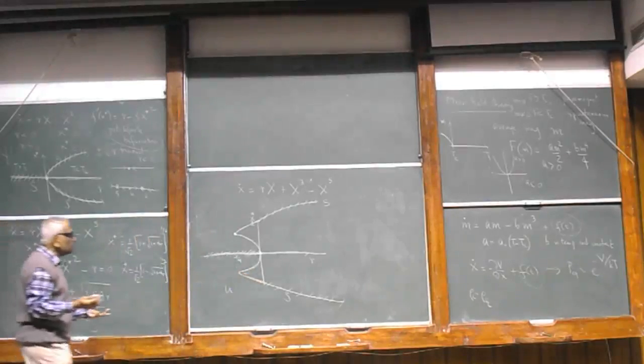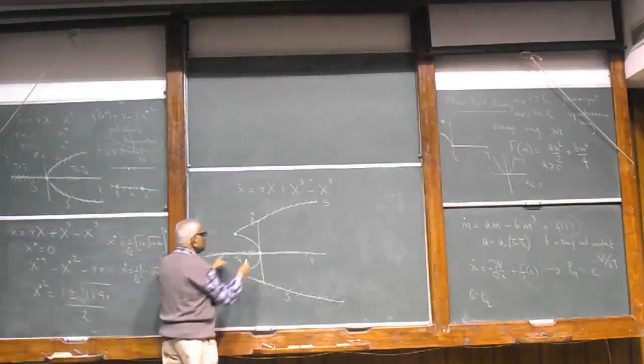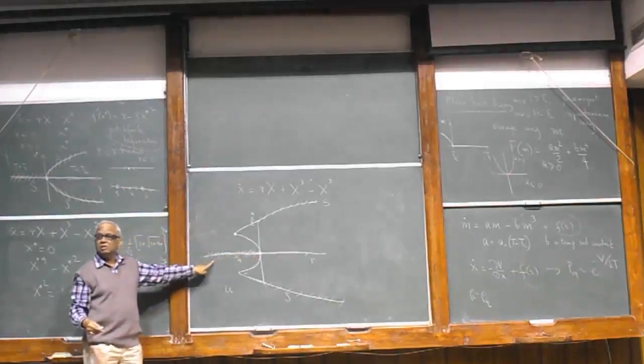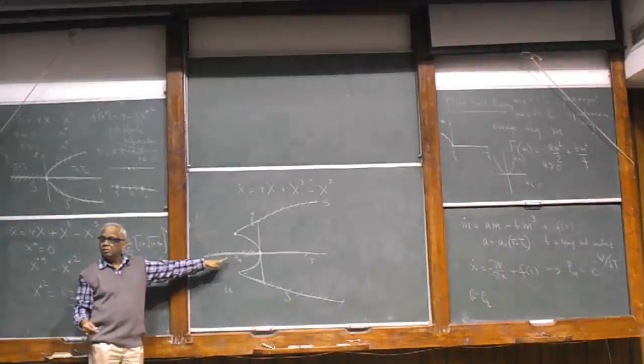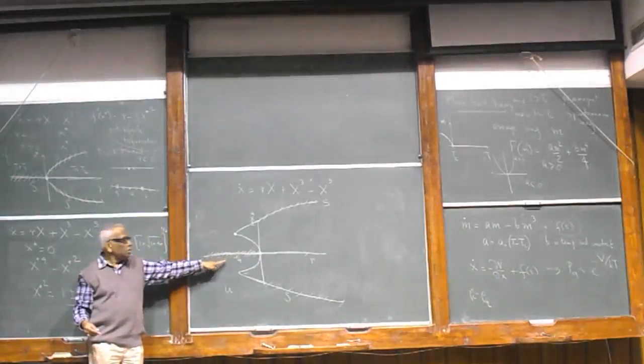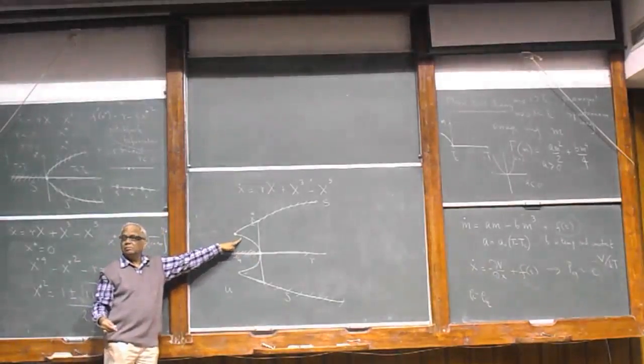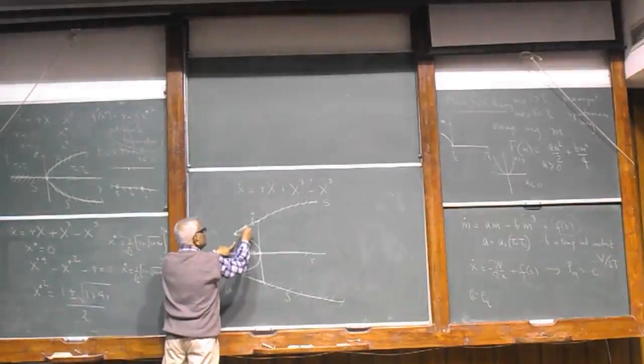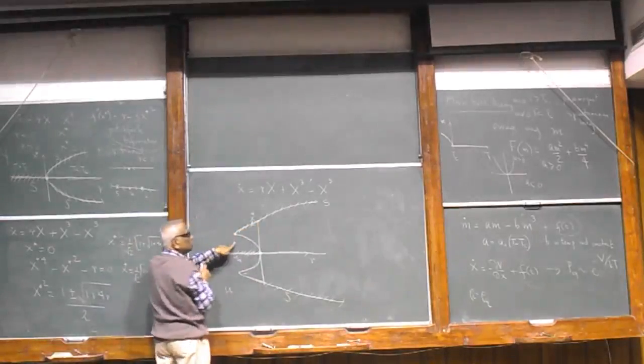So stability: this is stable all the way through up to over here. The origin is stable all the way up to r equal to 0. So this has to be unstable. And this has to be stable, so this remains stable all the way down up to here.